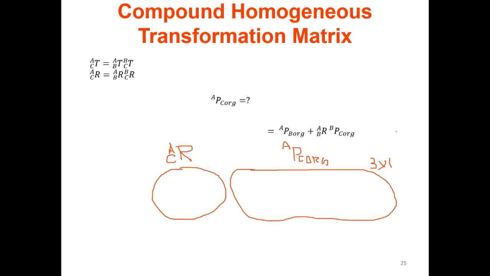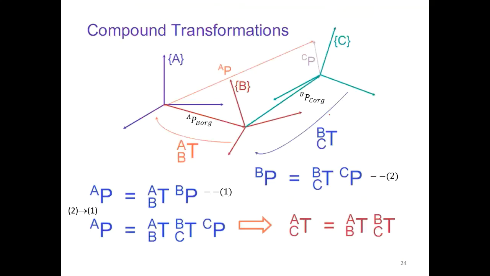So if you go back, this point with respect to A, that is this vector, right? What is this vector?